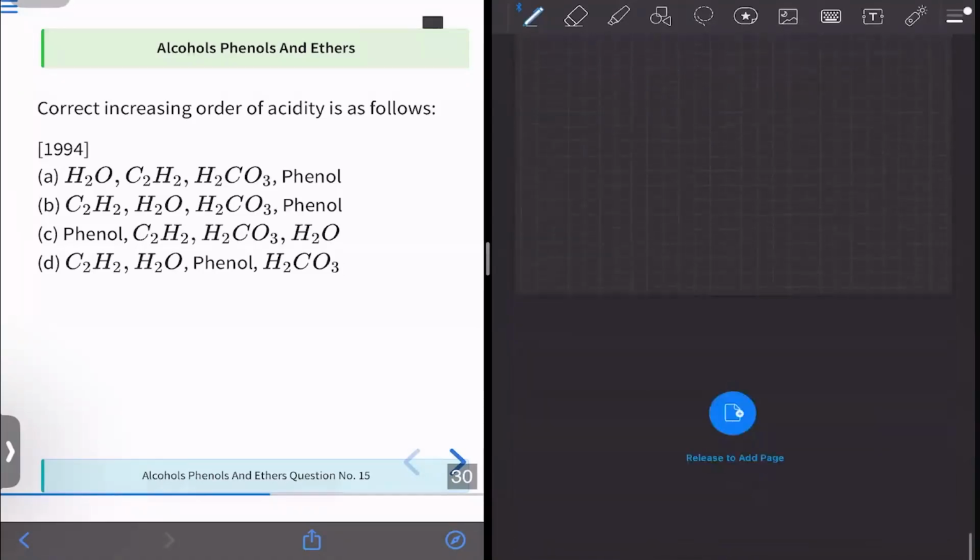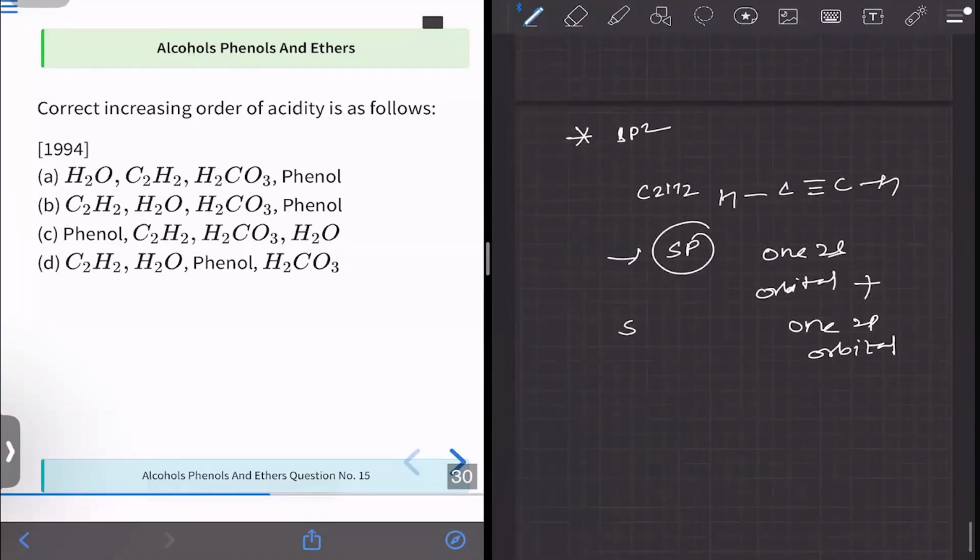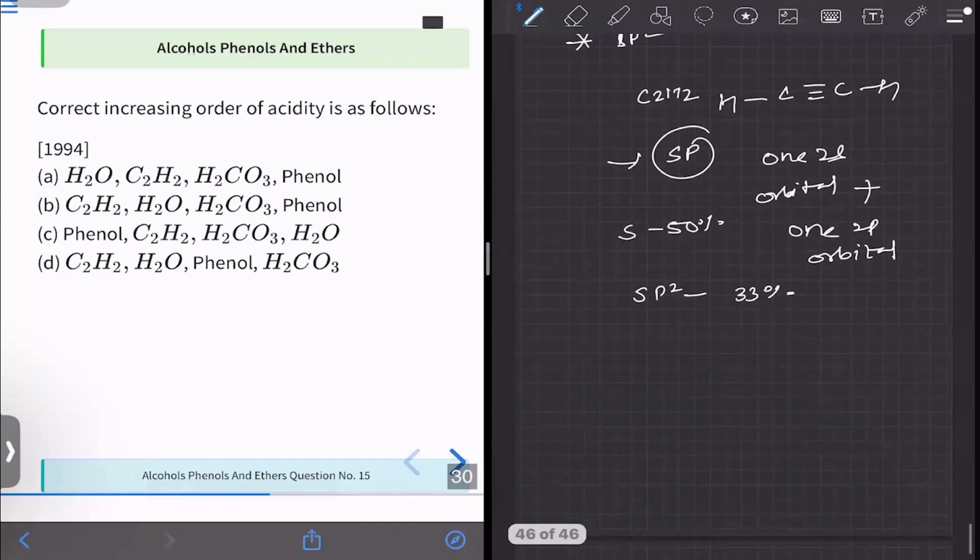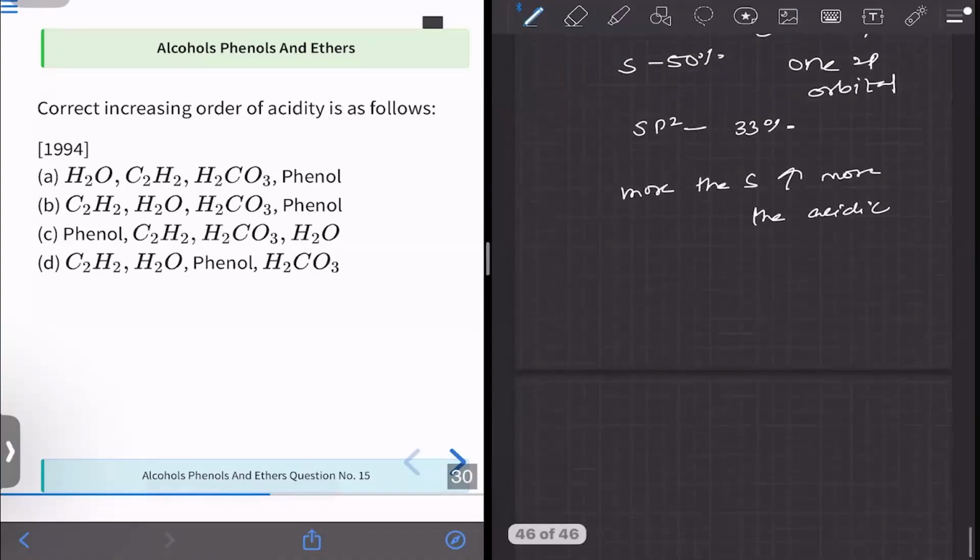So the S character in sp is 50%. The S character in sp2 is one third, that is 33%. So the more the S character, the more the acidic nature. Comparing H2O and C2H2, C2H2 has more acidic nature.